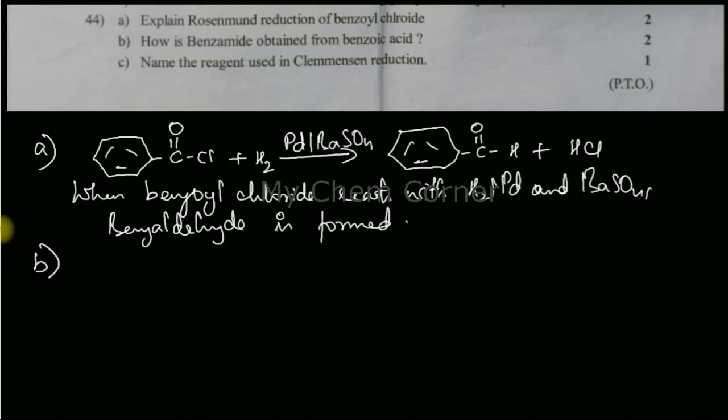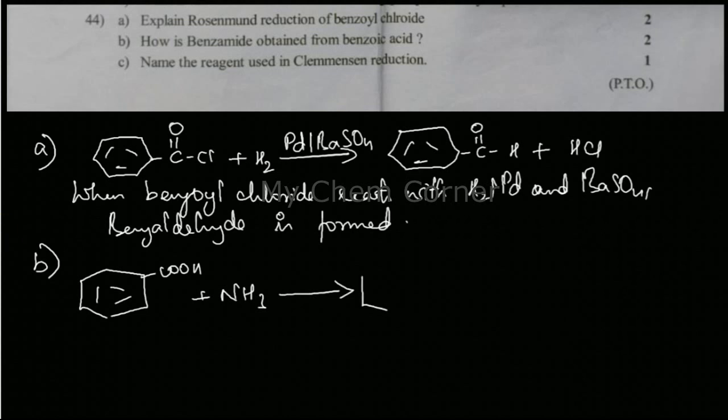Second one is, how is benzamide obtained from benzoic acid? So I'm going to write here, I have benzoic acid that's going to be treated with ammonia and this will form amide. Okay, so it's going to give C double bond O and NH2. Alright, now once you form the benzamide, 1 mark is for this and the other mark is for a sentence.